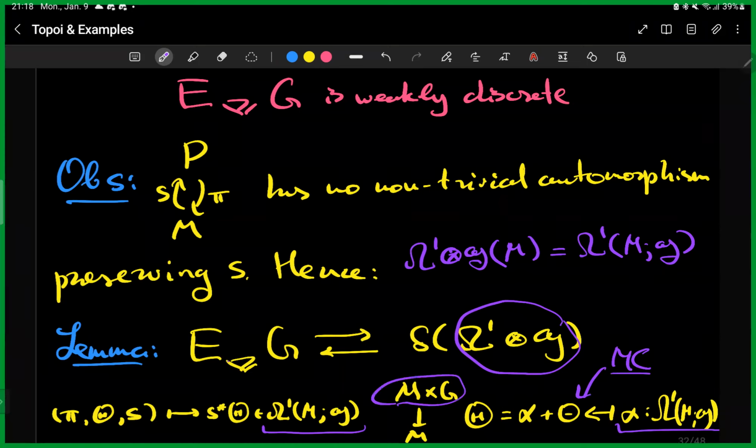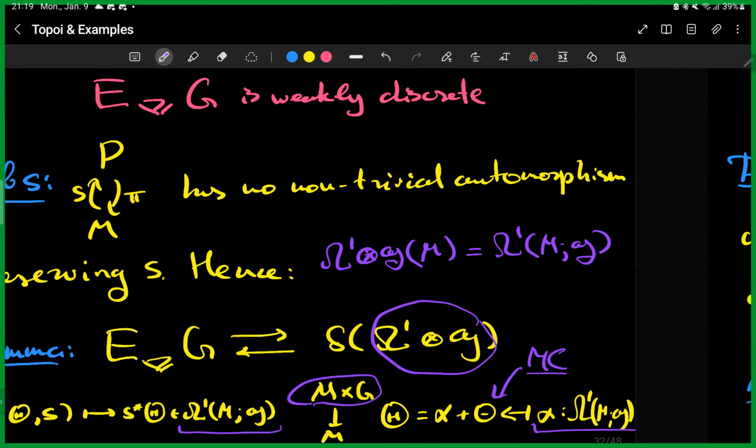So if we take the sum of such forms, we obtain a form on the product, which trivially restricts to the Maurer-Cartan form on each fiber, because when we restrict, we just kill this summand. Okay.